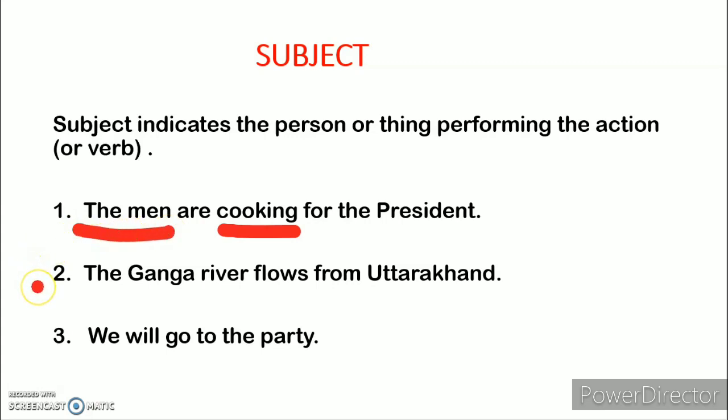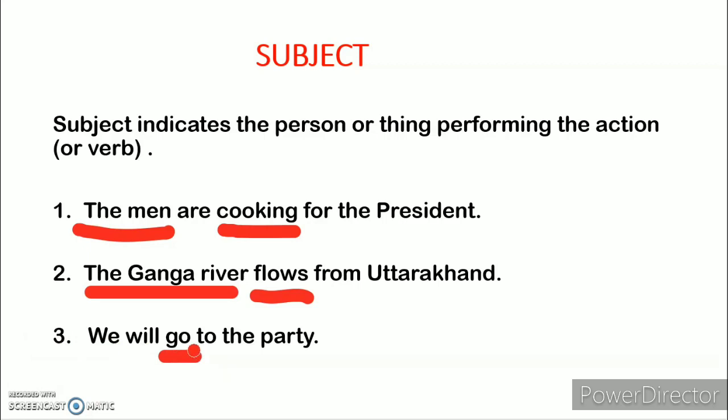In example 2, the Ganga river flows from Uttarakhand. Here the verb is flows and the subject is the Ganga river. In example 3, we will go to the party. The verb is go.